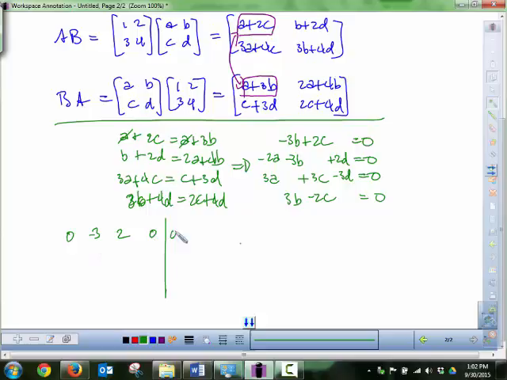And the augmented part is 0. Minus 2, minus 3, 0, 2. 3, 3. Oops, there's no B. 3, 0, 3, and negative 3. 0, 3, minus 2, 0.